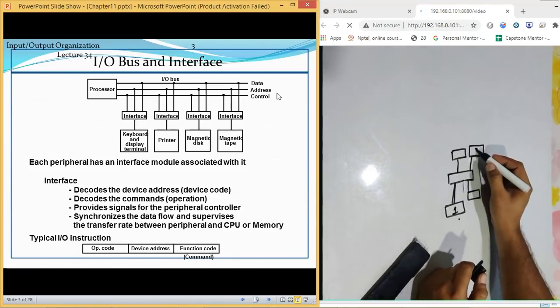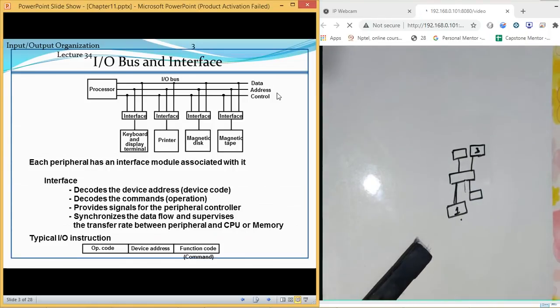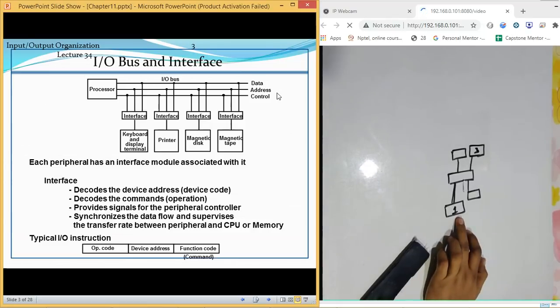If you give the print on printer number three, you will get the print on printer number three. So it is not going to mix those devices, even though they are from the same manufacturer. What does it mean? Every device which is connected with the interface has an address, and that address is unique. So whenever you give any print command or any type of command, that command is executed on that device only. It doesn't get mixed with any other instruction. It only gets executed at the same device for which that command is issued.